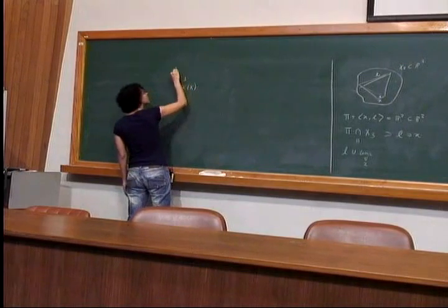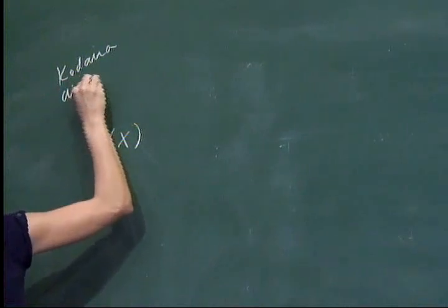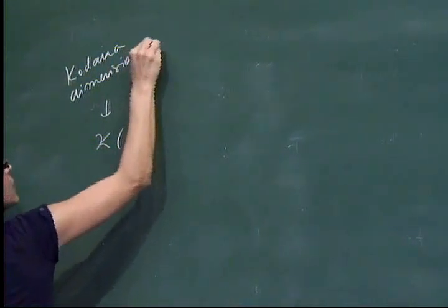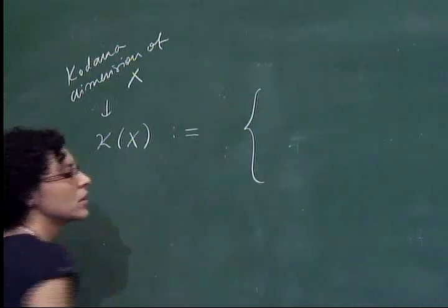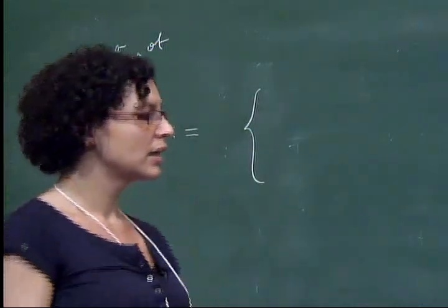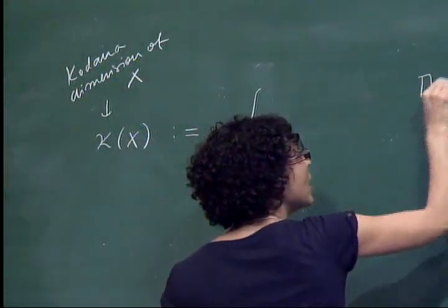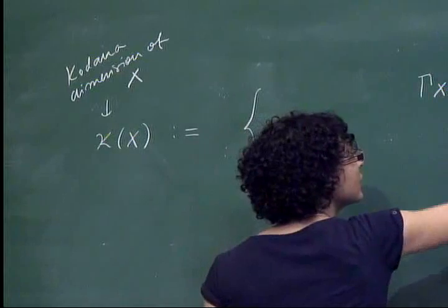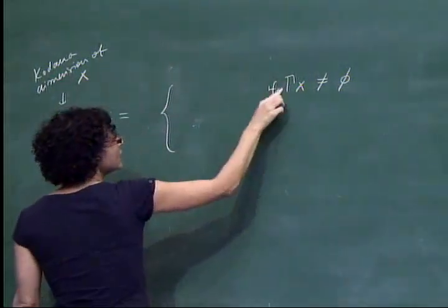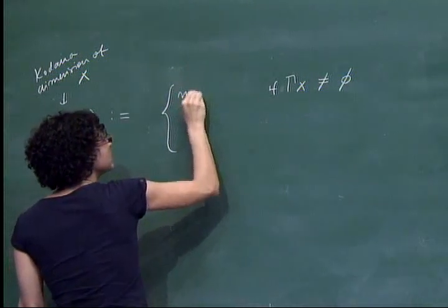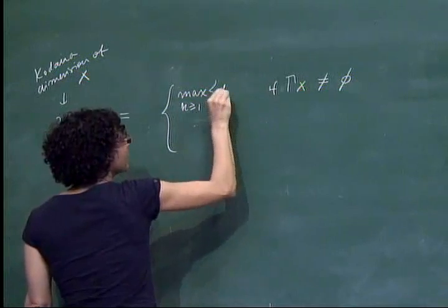If this set Gamma_X is not empty, then we define this to be the maximum of the dimensions of the images of phi_k.